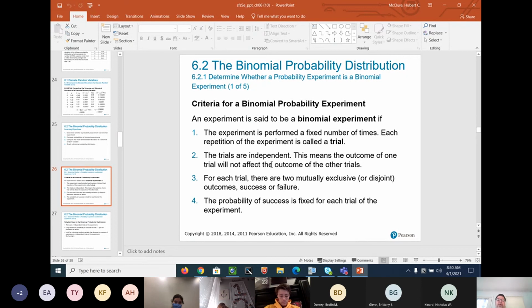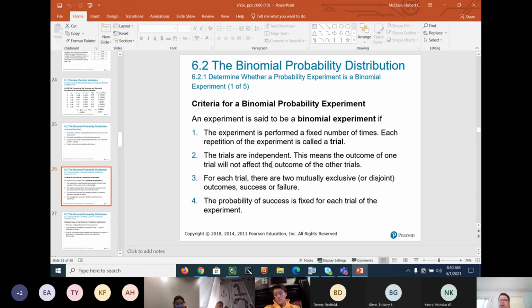The trials are independent. What does independent mean? Back from chapter 5 of the multiplicative law, what does independent mean? They don't affect one another. Exactly. In other words, remember the marble bag? Independent is putting the marble back in the bag after you pick it.